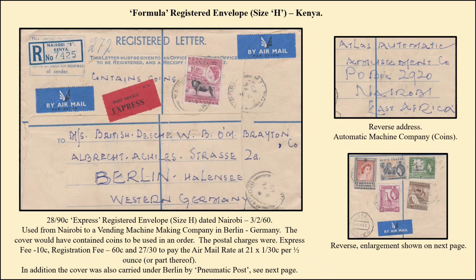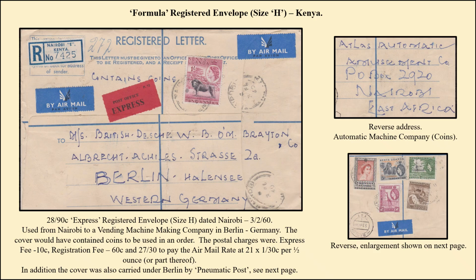It is from a vending company in Nairobi to a vending machine manufacturer in Berlin. It contained coins, presumably for the company making the vending machine to adjust the mechanism to take local East African coins.